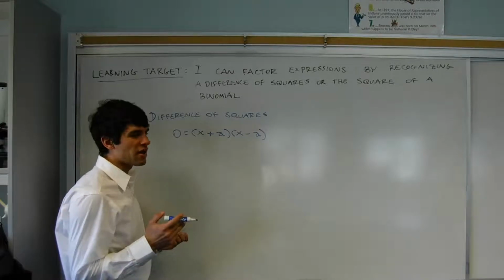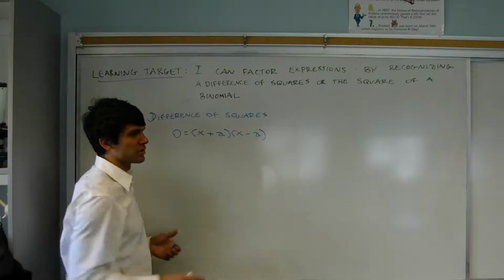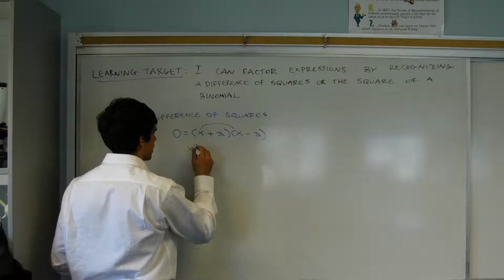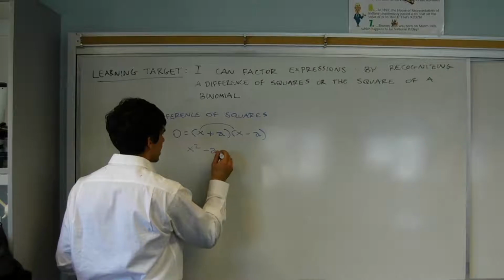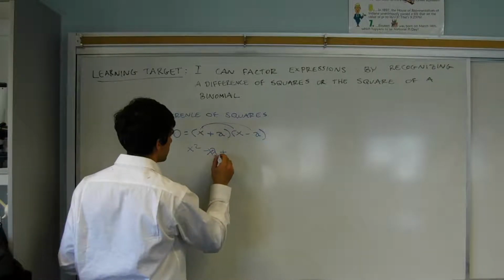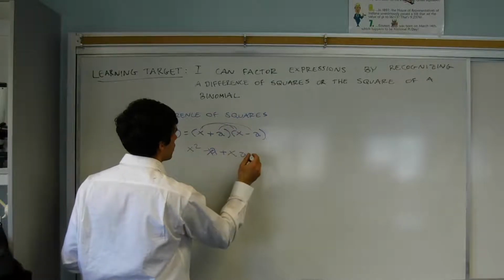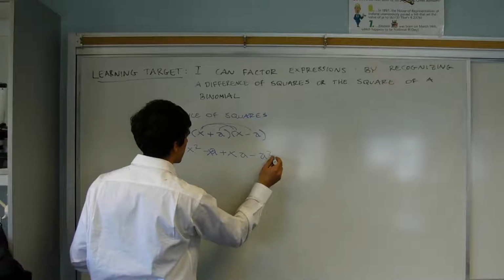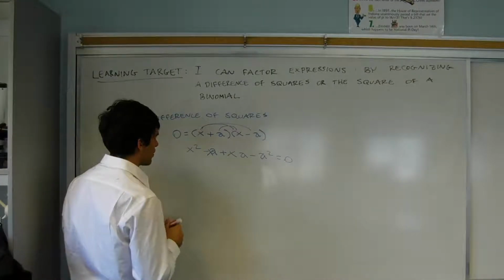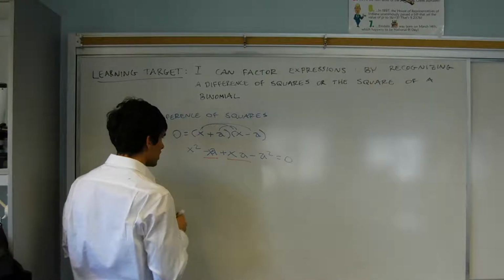And what's unique about it is if we FOIL out our factored forms, if we put it into standard form, we're going to get x squared minus xa plus xa minus a squared is equal to 0. And what you notice is we have a minus xa here and a plus xa here.